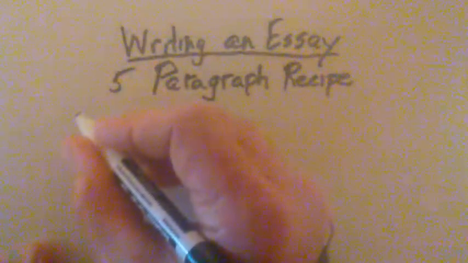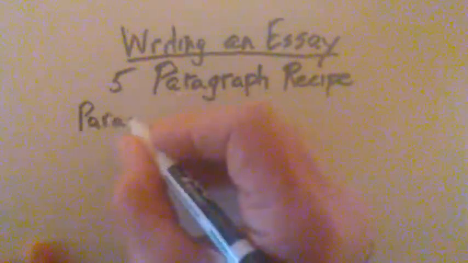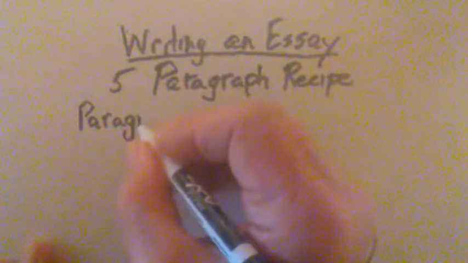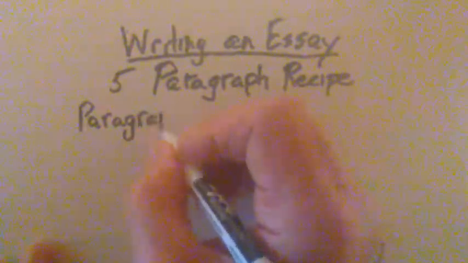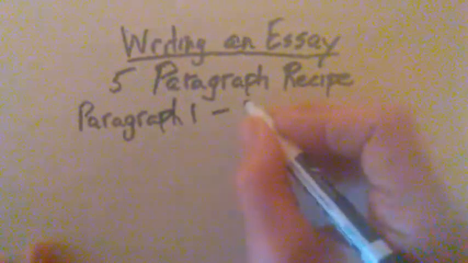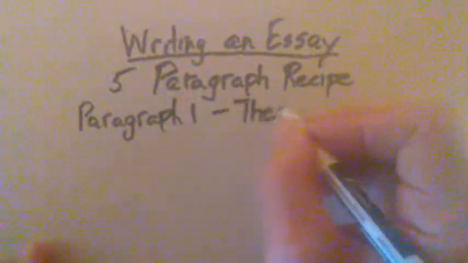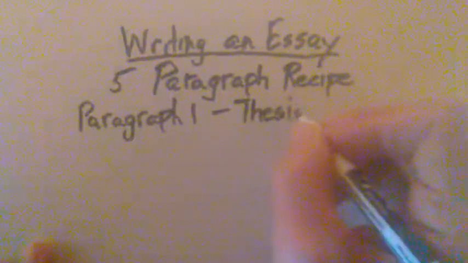The first paragraph, paragraph 1, is probably the most important paragraph. In paragraph 1, you're going to state your thesis. Now, what does that mean, thesis? Your thesis is your main idea.